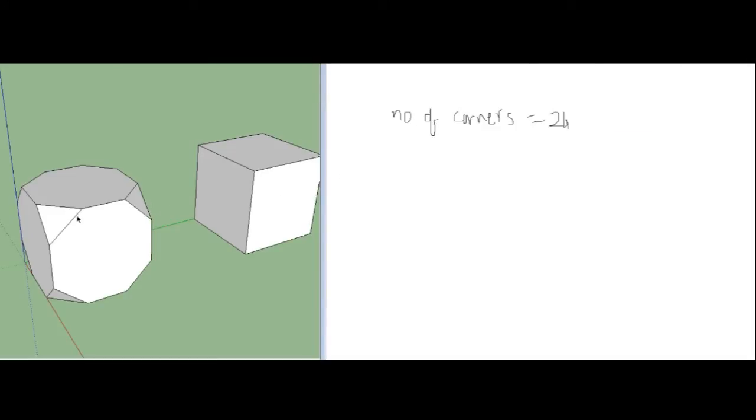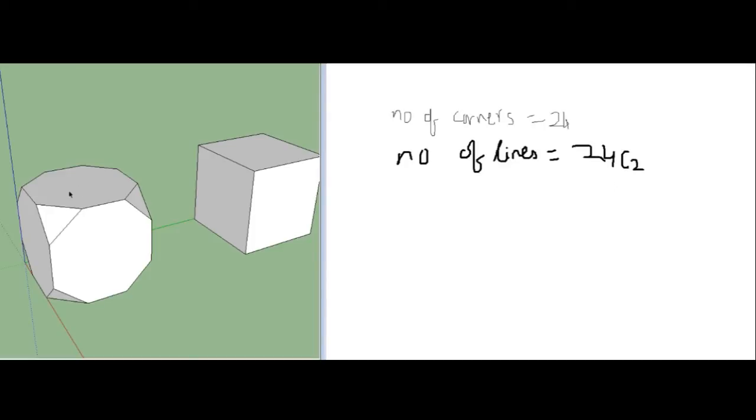Once you have 24 corners, how many total lines can be drawn by joining these 24 points?